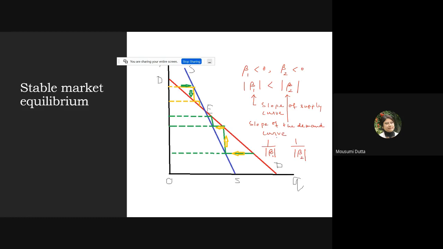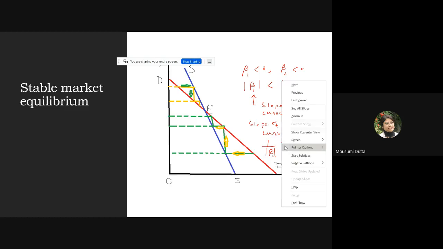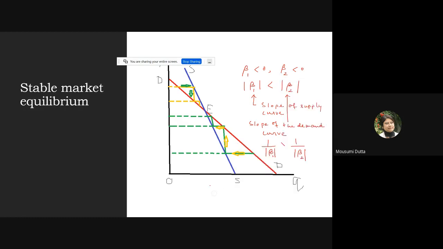Mod beta 1 less than mod beta 2 indicates 1 upon mod beta 1 greater than 1 upon mod beta 2. Am I right? Yes, ma'am.